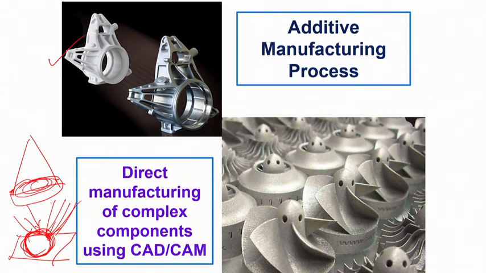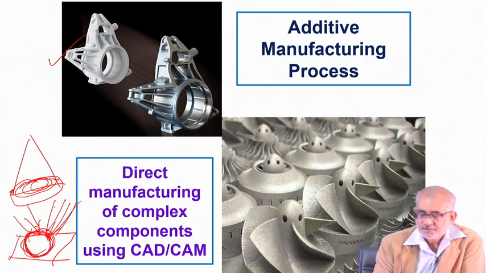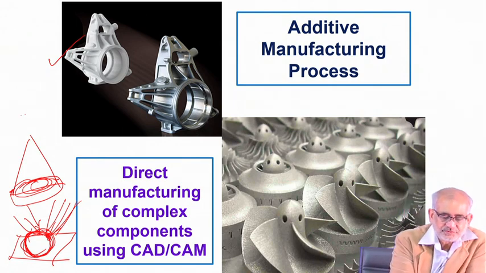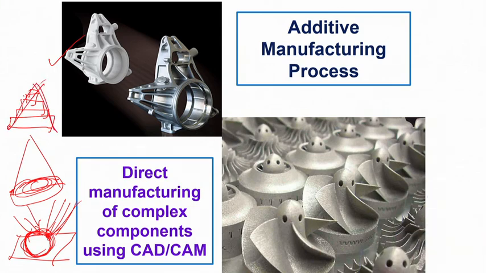So when these are done not on the same level but at progressively higher and higher levels, effectively I should be able to create one layer like this here, the next layer like this, and like this. And if these are all circular sections, then essentially I'll end up making a cone out of it, a circular conical shape like this. So this is just an example of a simple geometry.